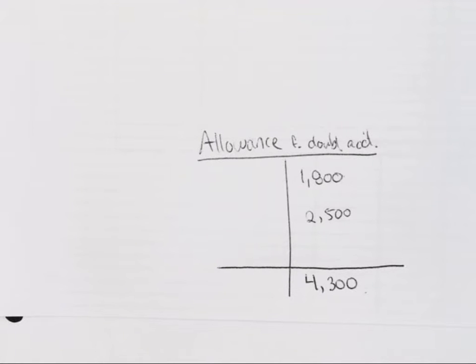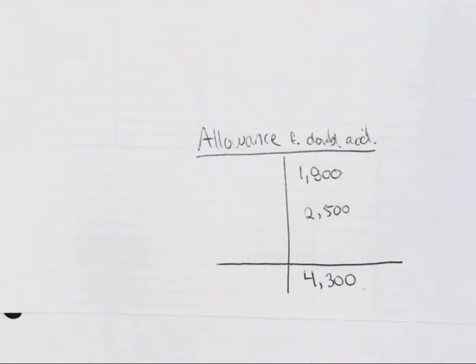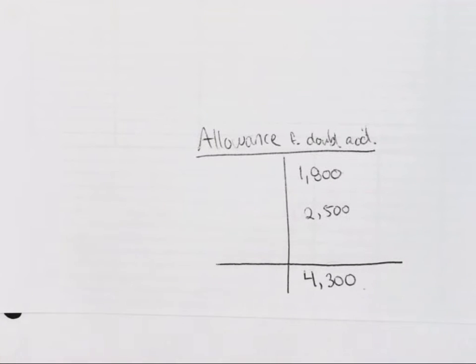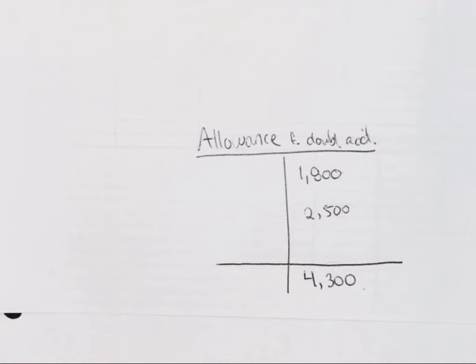In that case, we overestimated our uncollectible accounts. In a perfect world, we would have no one not paying their bills, and we would always have a $0 balance because we would have perfect estimates. We obviously don't live in that world. So we adjust to the new balance and we expense a little less to get to that balance. We expense less because in a previous period we expensed too much. So this is kind of our adjustment from year to year.